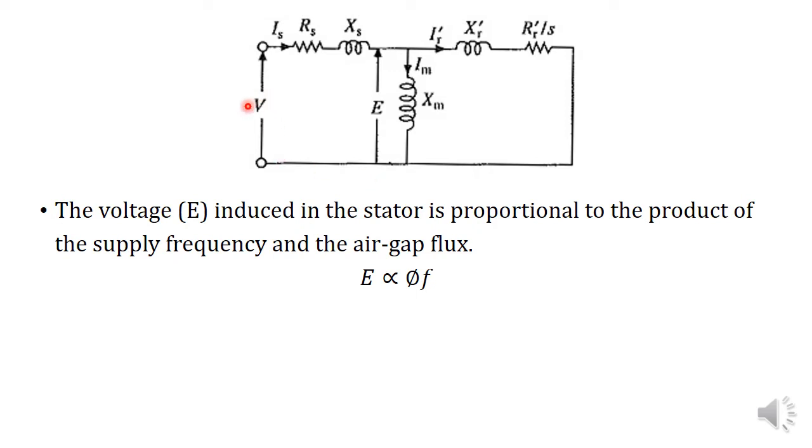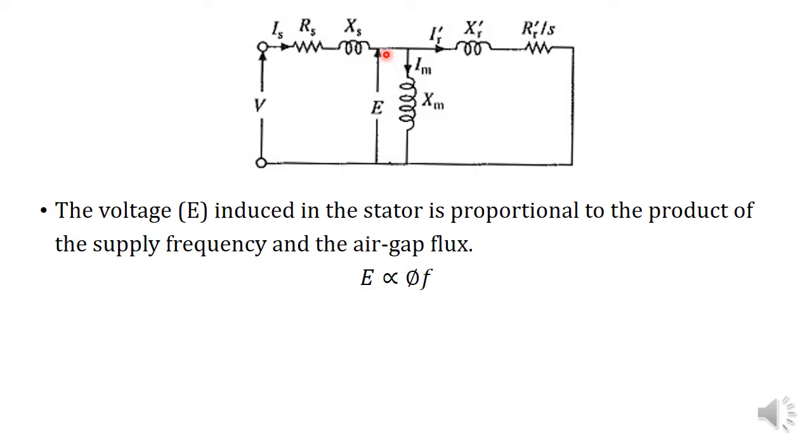Here V is the stator input voltage, Rs and Xs are the stator winding parameters, E is the stator induced EMF. So the stator induced EMF, that is the voltage induced in the stator, is directly proportional to the supply frequency and the air gap flux.